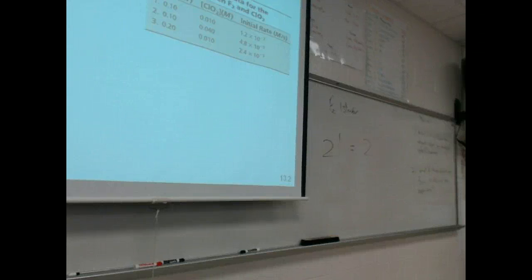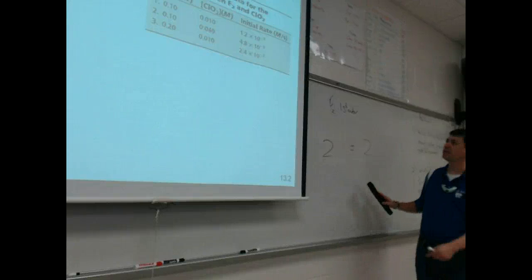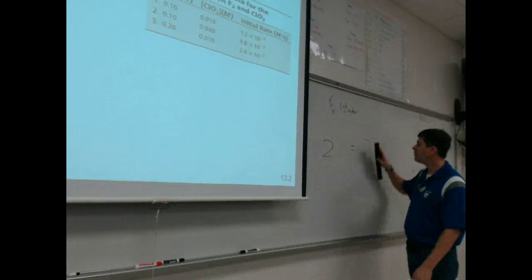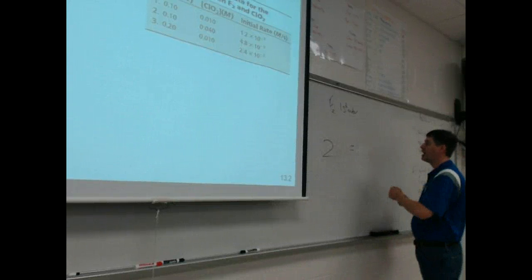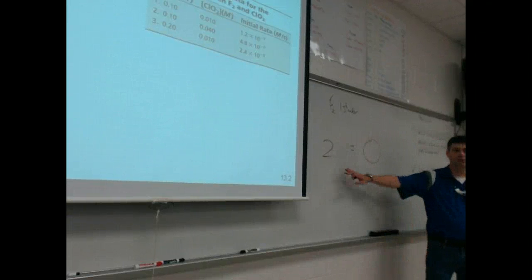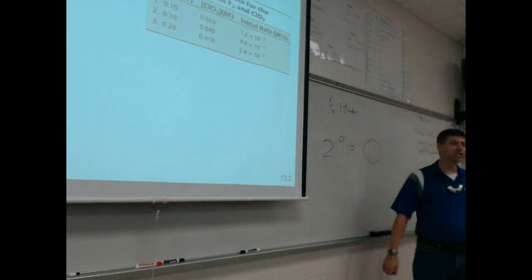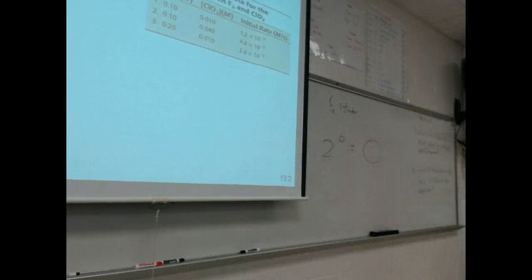That would be 0. If I double the concentration and there is no change in rate, 2 to the what equals 0? Then it would be 0 order with respect to that reactant. I get how you did it, but I don't get what it means.